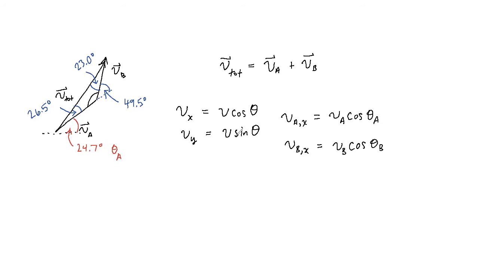But what is theta B? Well, theta B is this guy over here. So if I draw a horizontal line, and this angle is 49.5 degrees. And this angle here is the same as this angle here.